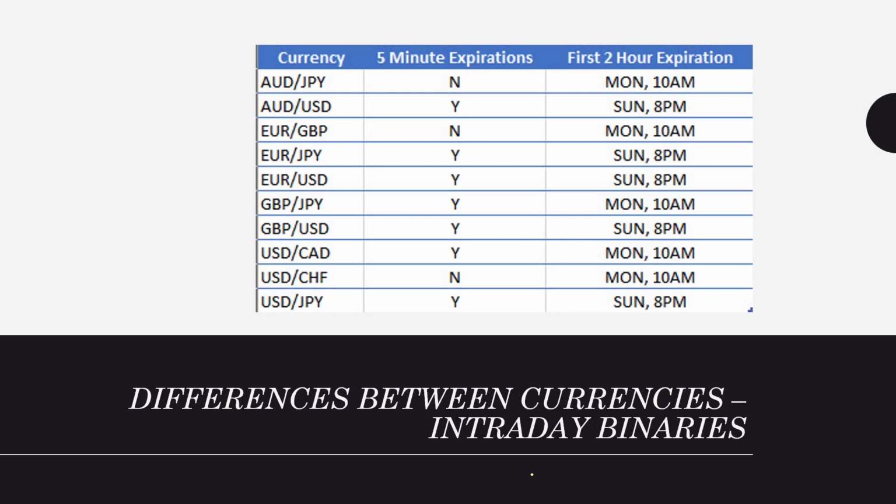For example, the Aussie yen has the first 2-hour expiration at 10 a.m., which means the 2-hour binary opens at 8 a.m. The Aussie dollar, the euro yen, the euro dollar, the British pound dollar, and the USD JPY all begin at 6 p.m. on Sunday night, meaning your first 2-hour binary expiration is at 8 p.m.